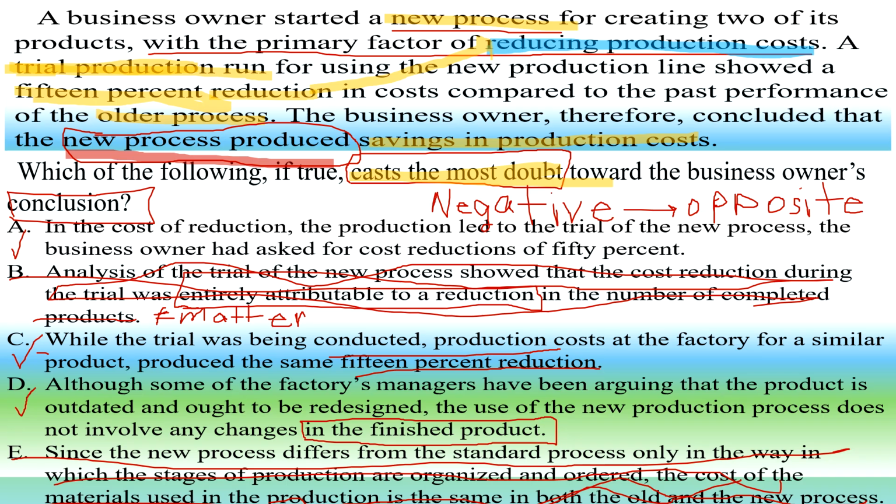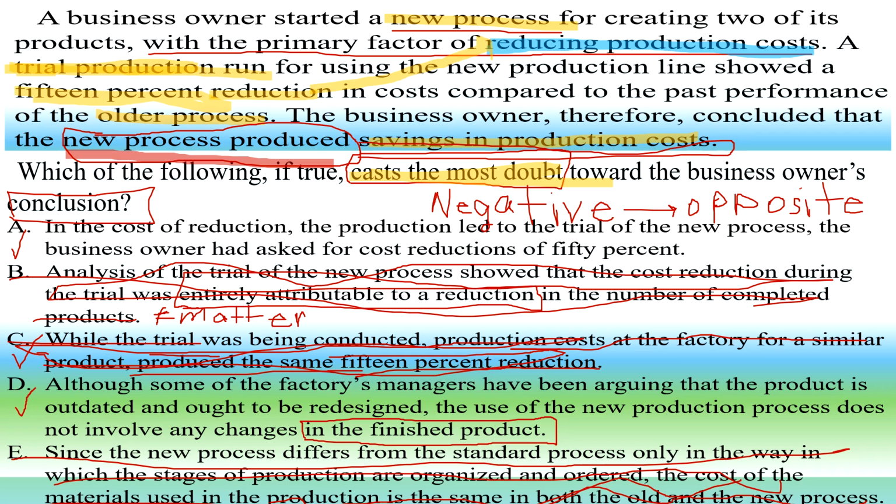Okay, so your trial here, production of factory, similar products in the same 15%. See, this would help him, because the trial is here and it's doing the same thing. It's 15% across the board. Although some of the factory's managers have been arguing that the product is outdated and ought to be redesigned, the use of the new production process does not involve any changes in the finished product. So he thinks there's a savings in production cost.